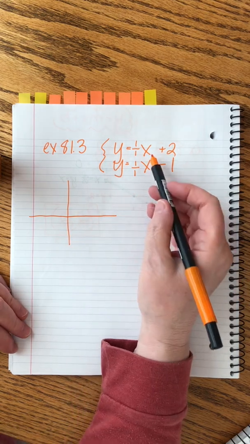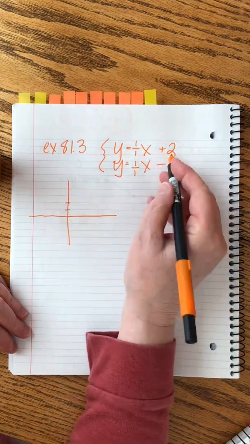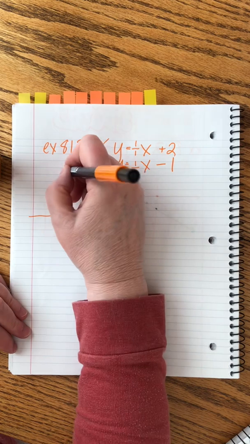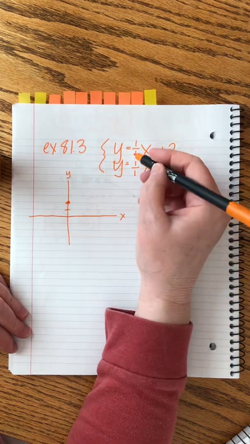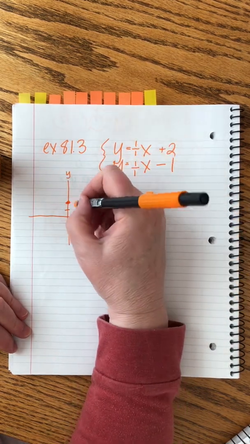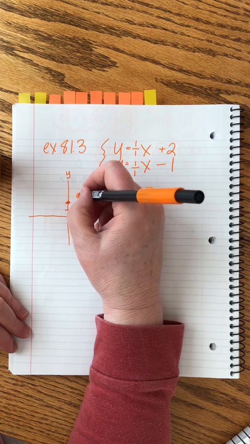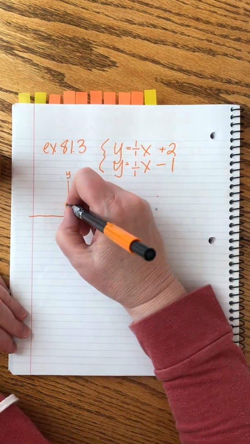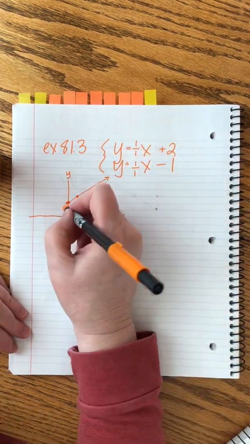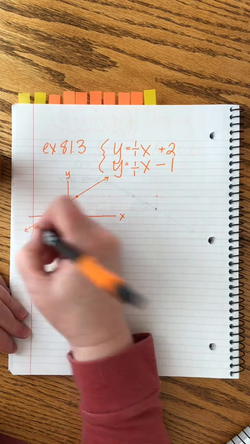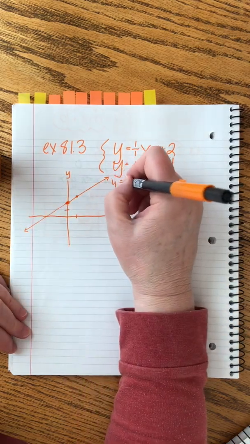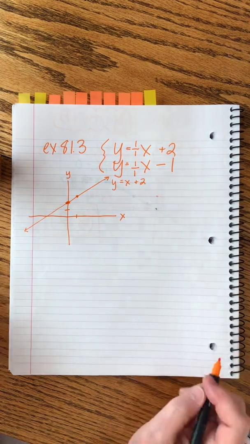Okay, I'll do the first one. We go to positive 2 on the y-axis, and then we go up 1 and over 1. Up 1 and over 1. There's my second point. And there's my line. I'm going to call it y equals x plus 2.